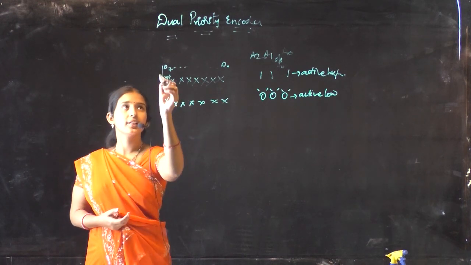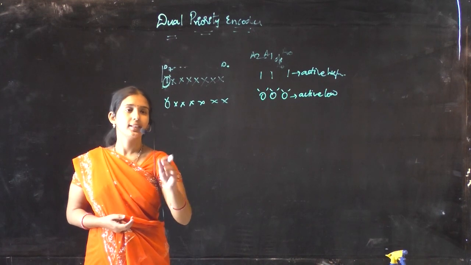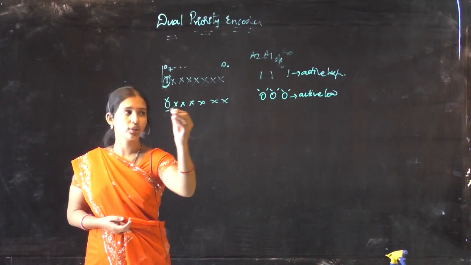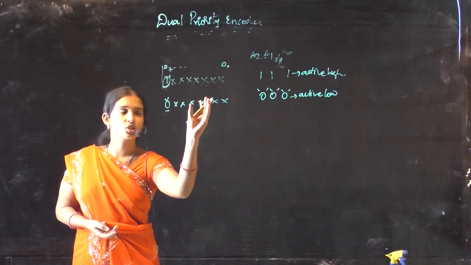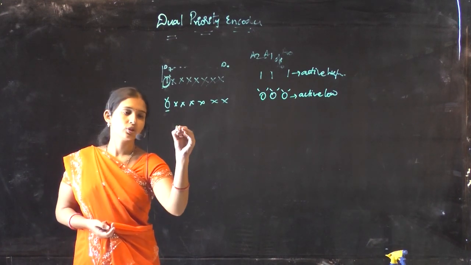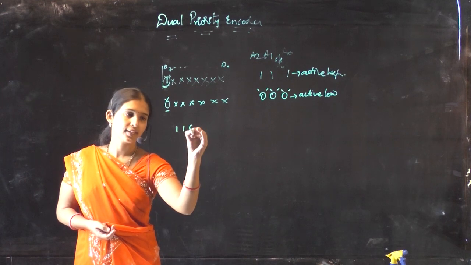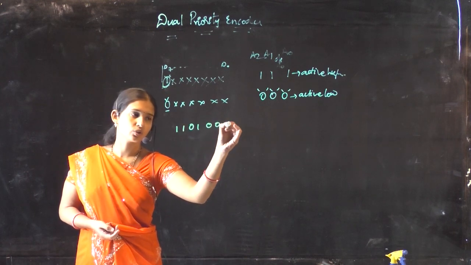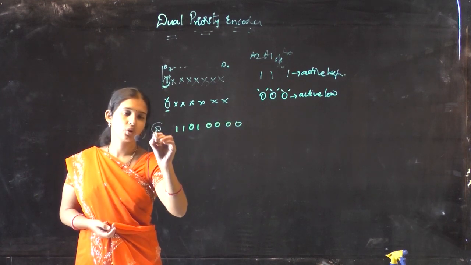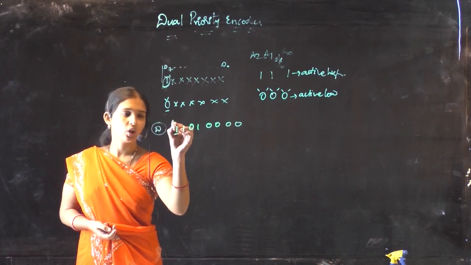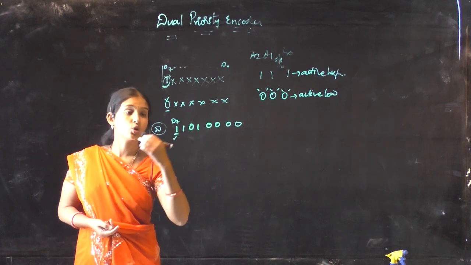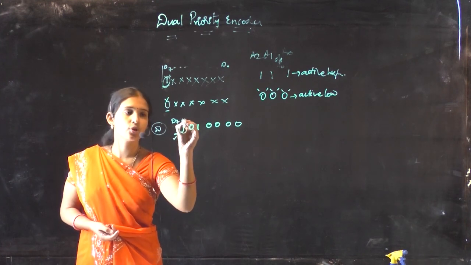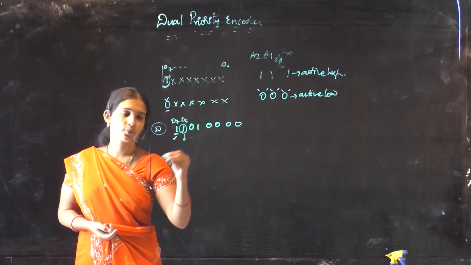Now comes the dual priority encoder. Once the highest priority is provided, it will again check for the next highest priority. Suppose I get data like 1, 1, 0, 1, 0, 0, 0, 0. It will check that D7 is at highest priority, and it should also check that D6 is the next highest priority.